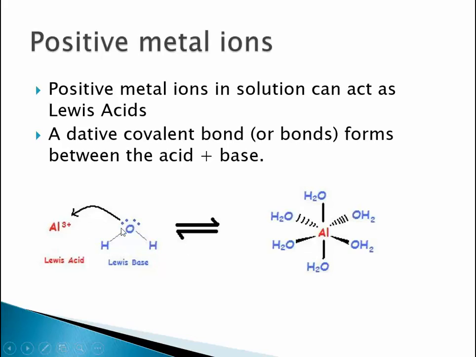That's the kind where both electrons come from one thing. It forms a dative covalent bond with the aluminum ion, and it actually ends up forming bonds with 6 of them. We'll talk more about these complex ions, but that's an example of how and why a metal ion can act as a Lewis acid.